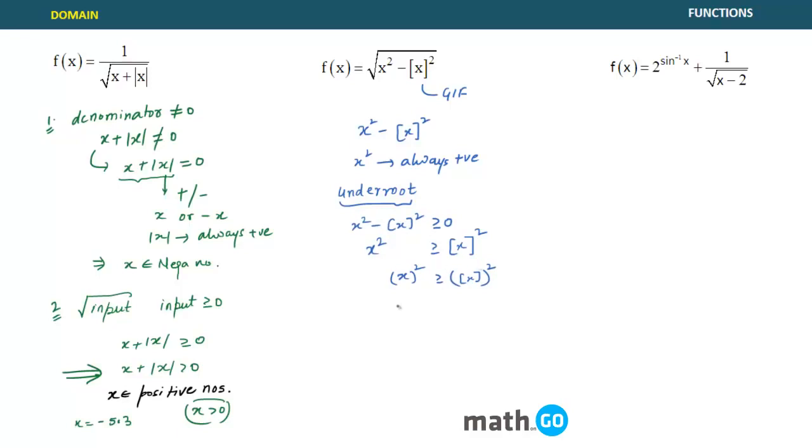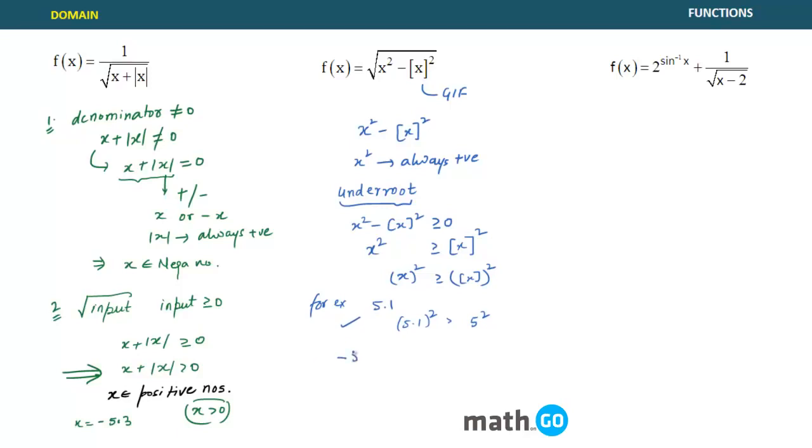Now again we'll take numbers, 5.1. For LHS it will become 5.1 square, but the RHS will be only 5 square, because the GIF of 5.1 will be 5. So that means 5.1 is acceptable in this answer.